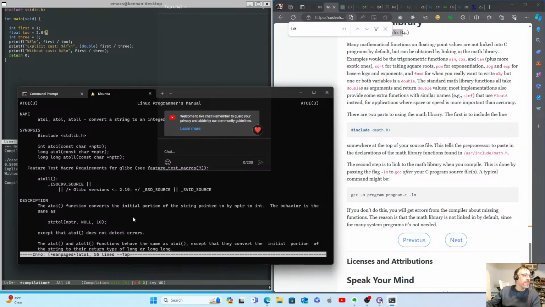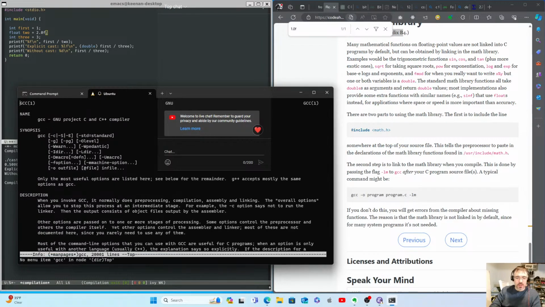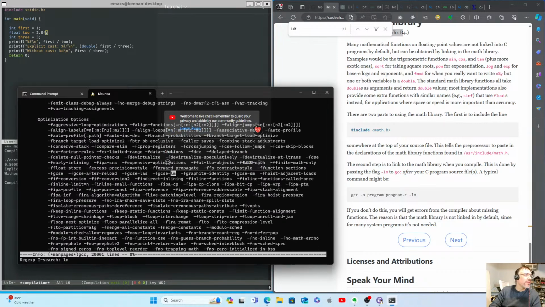Okay, so let us get some info on the math library. Oh, it's not there. Let's get some info on GCC though. And then I want to see where -lm was.